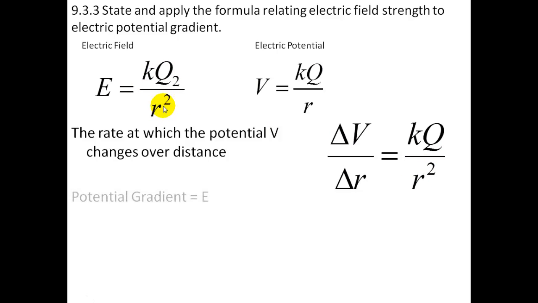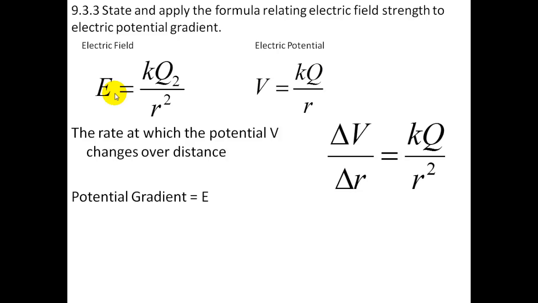So the potential gradient, which is the rate at which the potential changes with distance, is also equal to the electric field strength, in the same way that the gravitational potential gradient is equal to the gravitational field strength in the last topic.